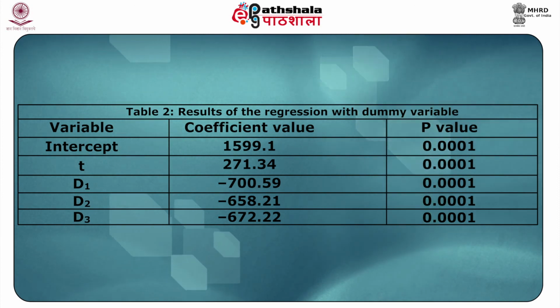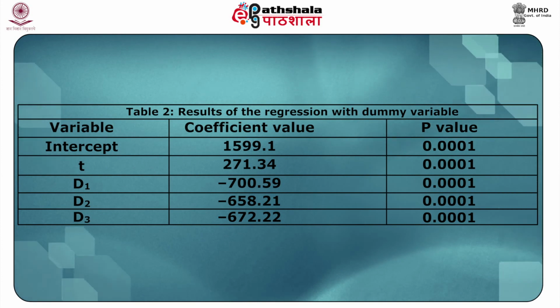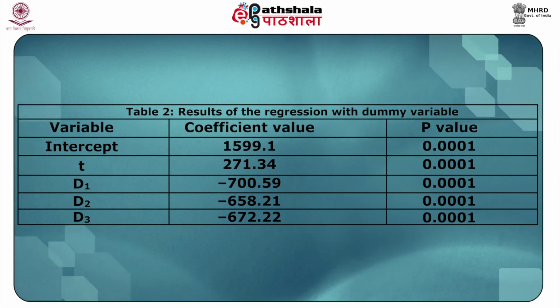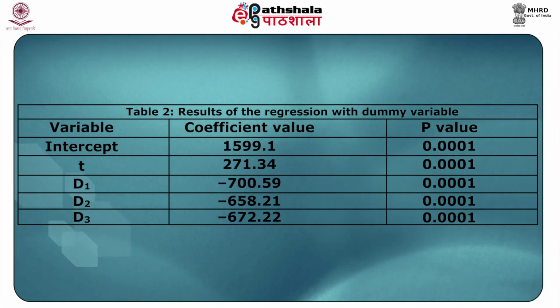For T, the coefficient value is 271.34 and p-value is 0.0001. For D1, coefficient value is minus 700.59.